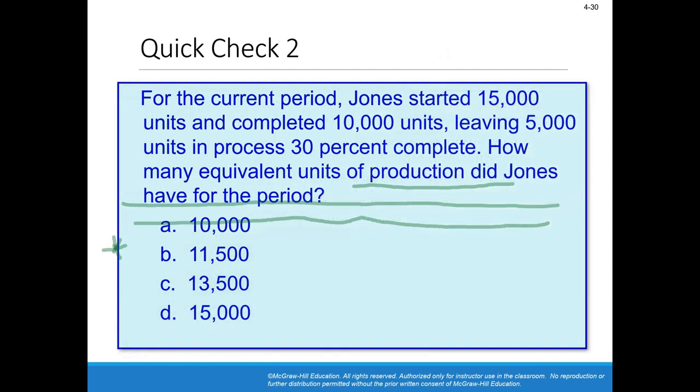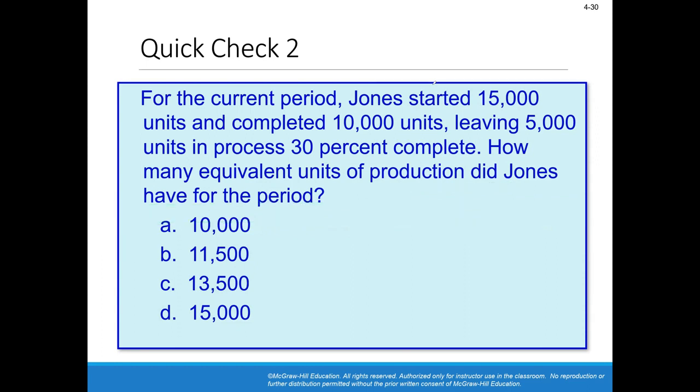All right, so for the current period, Jones started 15,000 units and completed 10,000 units, leaving 5,000 units in process, 30% complete.